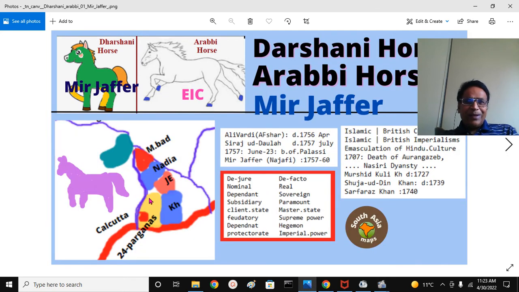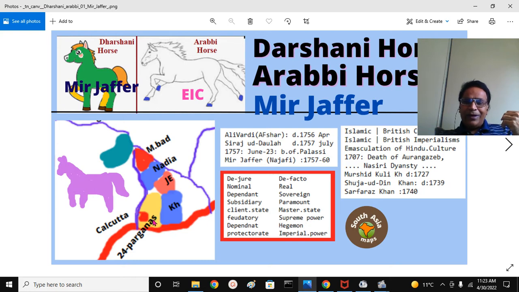Here you can see the political historical context. We are in Bengal Nawabi or Nizamat. This is the Hooghly River, Bhagirathi River, a distributary of the Ganga, or Padma River; Brahmaputra River, Jamuna River, and Meghna River will be here.